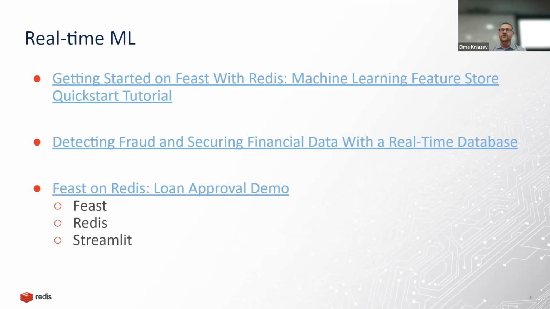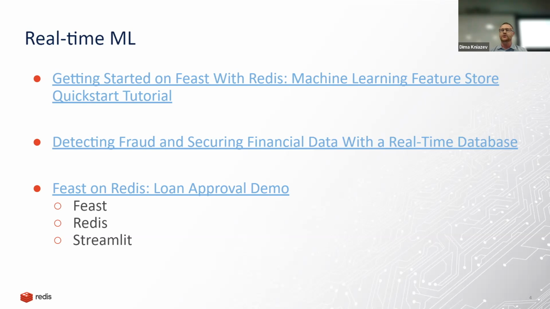And of course, at Redis, we pay a lot of attention to latency in any form and shape. So we decided to partner, and we created the connector from Feast to Redis. Folks at Tecton tested how to use Feast with Redis as an online feature store.